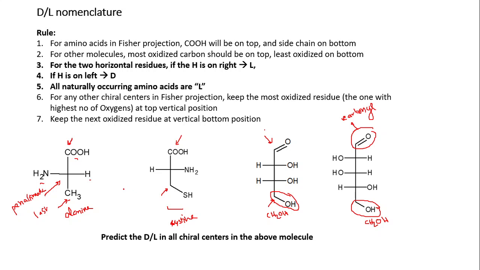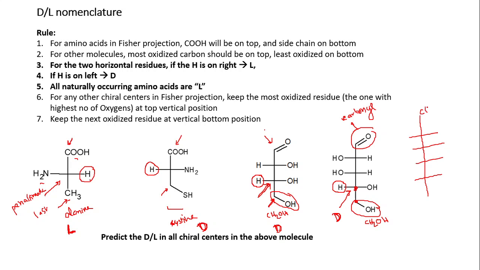If between the horizontal residues the H is on the right side, this is an L. If the H is on the left, that would be a D. In this case the H is on the left side, so this should be a D. In this case too, the H on the penultimate carbon is on the left side, so this is also D.